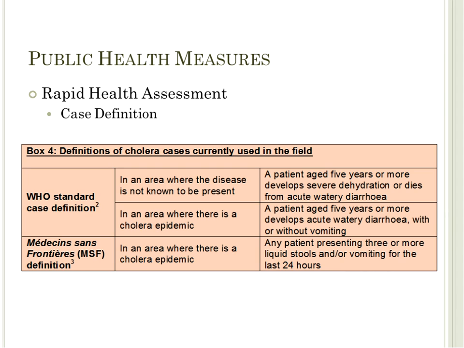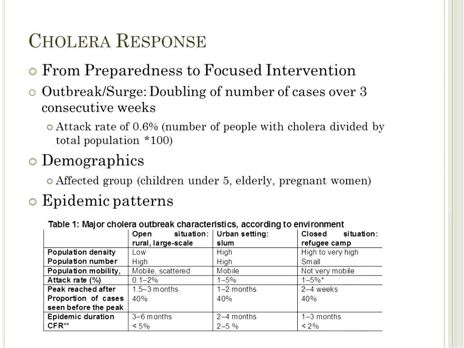I want to confirm the cases by getting laboratory confirmation, if possible. And according to MSF, in an area where there is a cholera epidemic, any patient presenting with three or more liquid stools and/or vomiting in the last 24 hours should make you think about cholera.